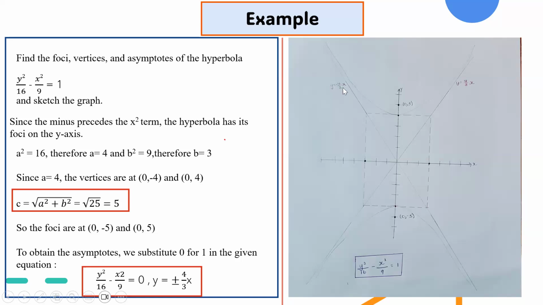Remember I said because the minus sign is in front of the x term, our hyperbola will open up vertically. And our vertices are 0, -4, and 0, 4. As you can see, Miss put the 2 dots there. And then we have our asymptotes being 4 over 3 x and -4 over 3 x.